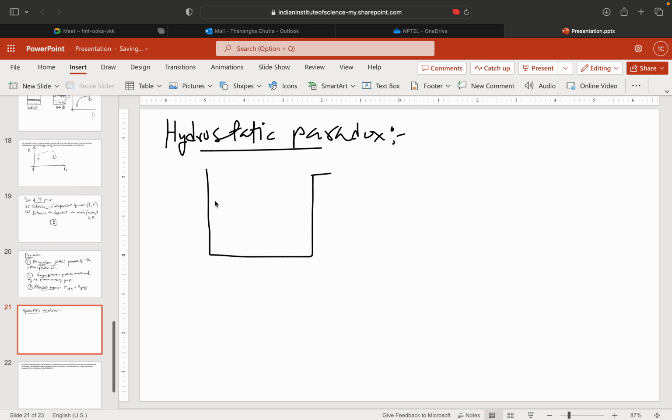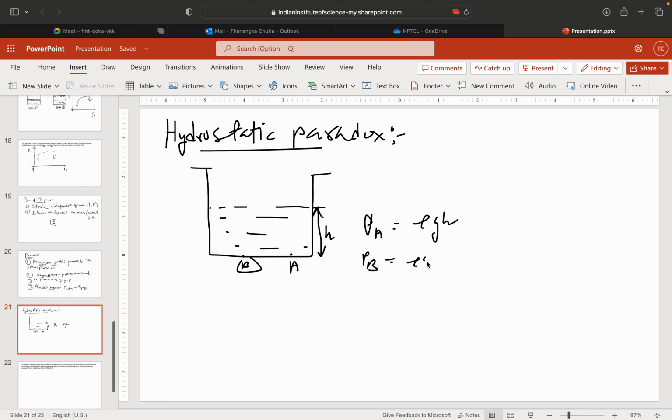Okay, suppose this is a liquid, specifically this is water, and you want to measure the pressure at point A, pressure at point B. What you will get, that pressure at A is equal to rho into g into h, and pressure at B is also equal to rho into g into h.